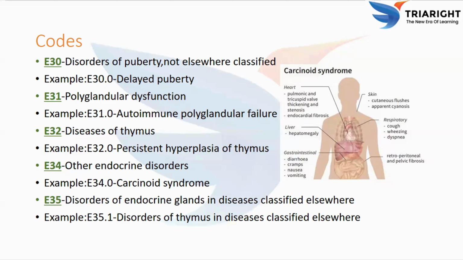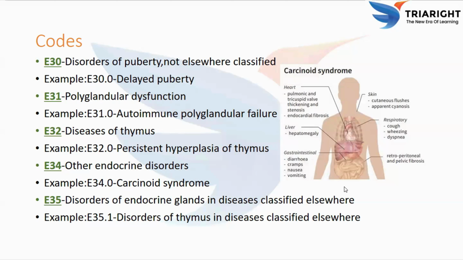It's a group of symptoms that occur when a carcinoid tumor, a type of slow growing neuroendocrine tumor, releases hormones like serotonin, bradykinin, and histamine into the bloodstream. Normally, these hormones are broken down by the liver, but when the tumor spreads to the liver or other organs, the hormones escape into circulation and cause the symptoms.